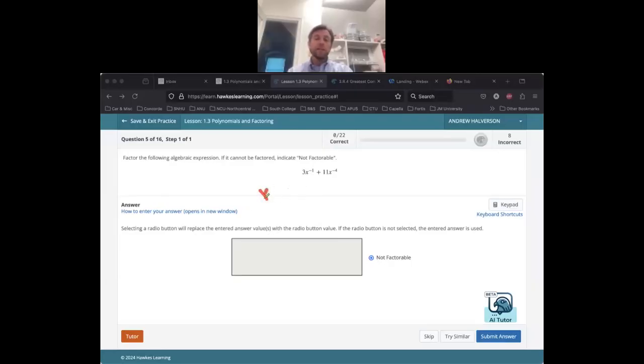So here in this case, the GCF would be x to the negative first power. So if I pull x to the -1 out, what's left? A 3 plus an 11. What is the exponent over here?